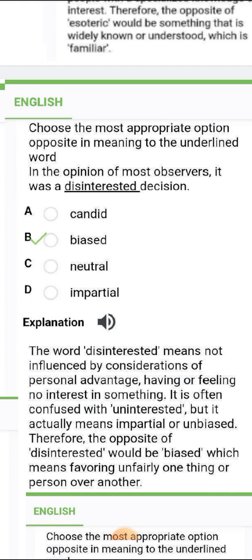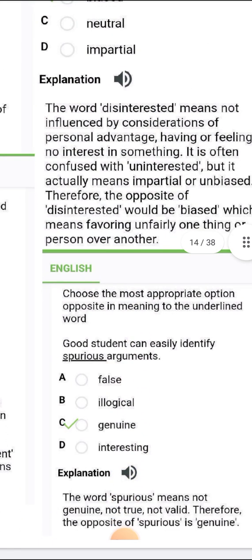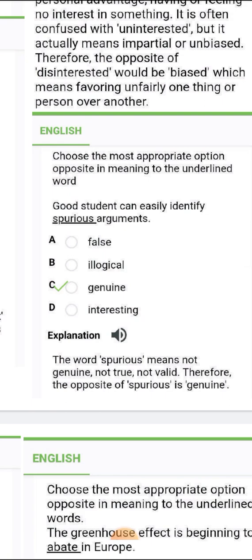Therefore, the opposite of disinterested will be biased, which means favoring unfairly one thing or person over another. Right? The next one is spurious, which is genuine. The word spurious means not genuine, not true, not valid. Therefore, the opposite of spurious is genuine.